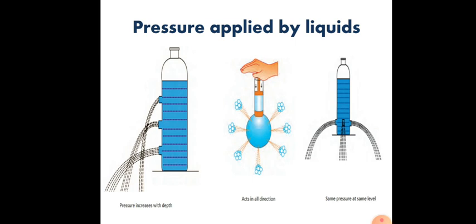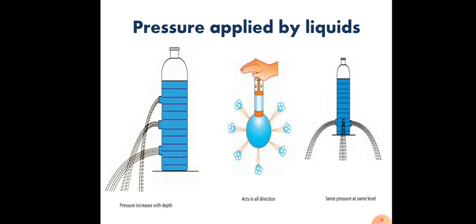Now, here are the cases of pressure applied by liquids. In the first case and last case, the vessels are not enclosed. That means the vessels have a free end. When three holes are made in the body of the bottle at different heights, the lowermost hole ejects water with the greatest pressure, which means pressure increases with depth.